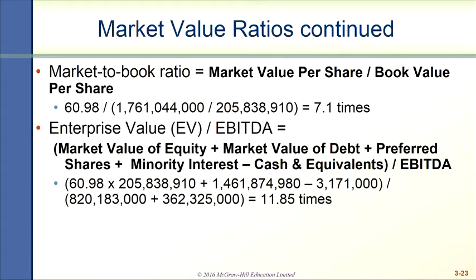So in this case, we have $60.88, which is the market value price, divided by the average of the book values, which is 1,761,044,000. And in this case, the market to book ratio is 7.1 times.